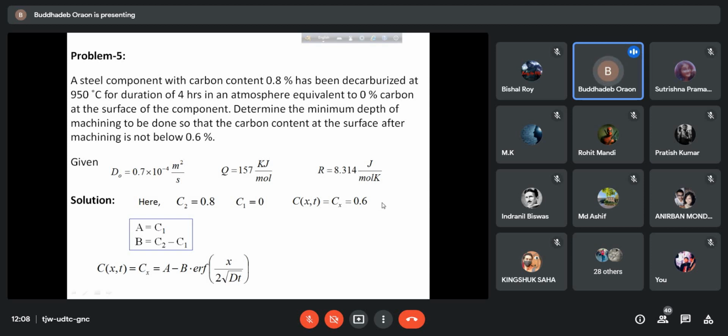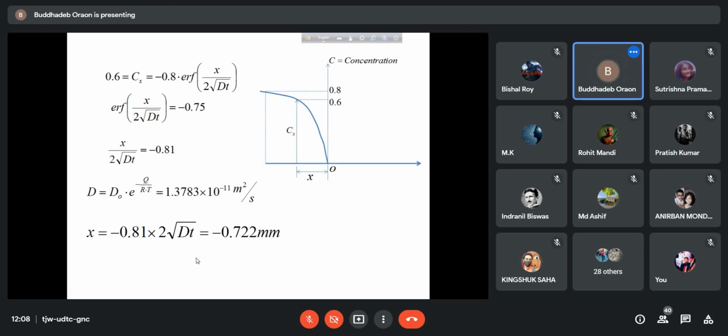These values are known, so we can find A and B by putting these values in, and the process is the same. The error function we are getting is minus 0.75, and accordingly from the table we get minus 0.81, because we are going towards the left hand side, so it is negative.